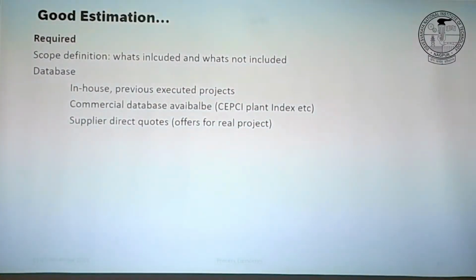There are also databases available where you can pick similar equipment, similar plant, similar system, and take out the estimation and update it or scale it for your application. Right? So the companies who do such things frequently, they have their in-house database. So for example, they bought 30 reactors of different size, different material, different configuration.